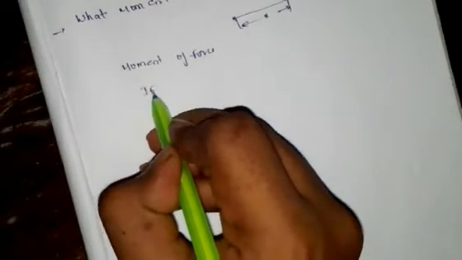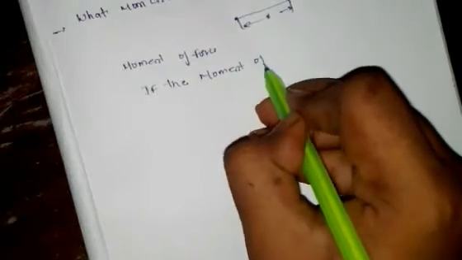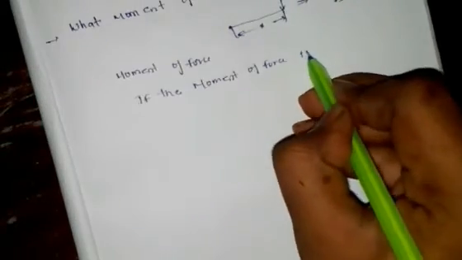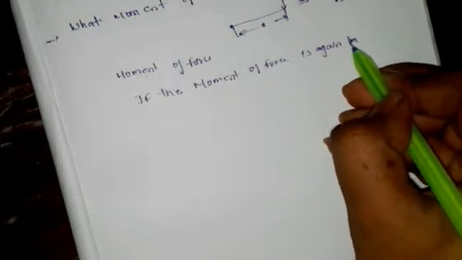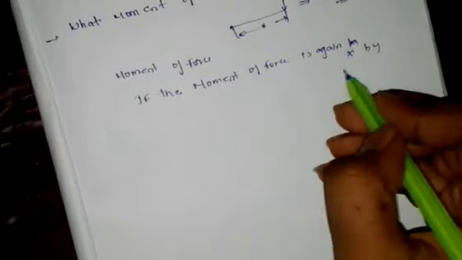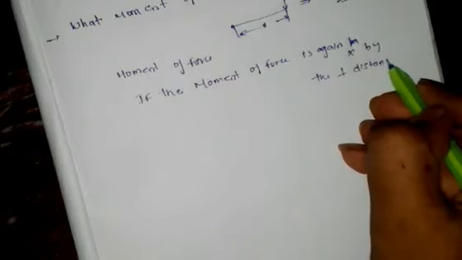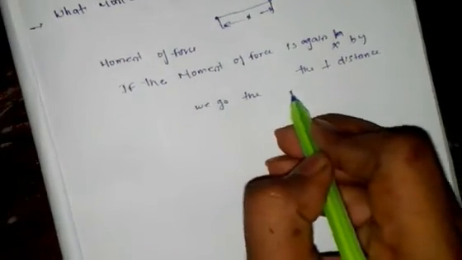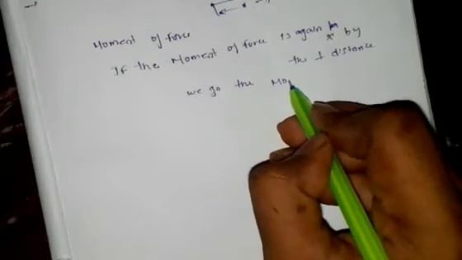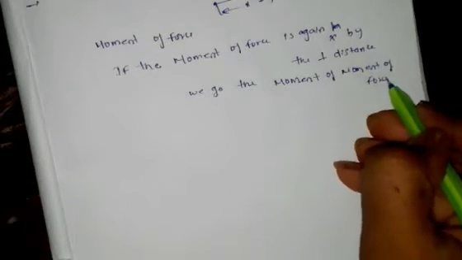If the moment of force is again multiplied by the perpendicular distance, we get the moment of inertia.